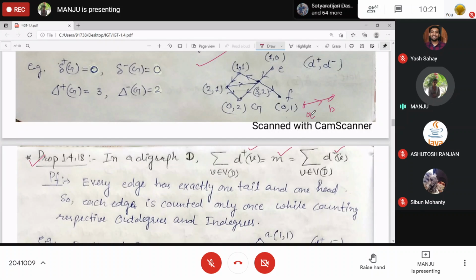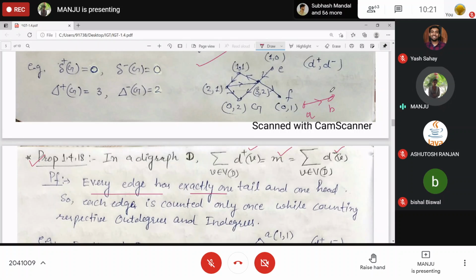Out degree of A counts all the edges coming out, or you can just say all the heads of these edges. Every edge has exactly one tail and one head. That's why if you are counting in head, then it's counted once.